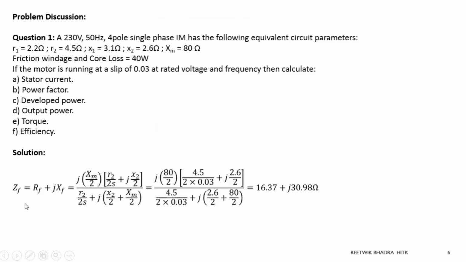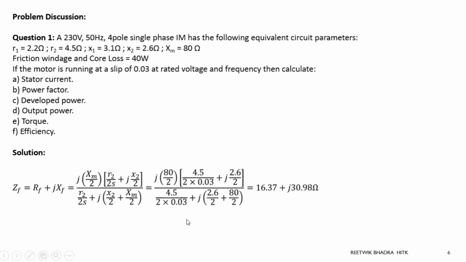So first we are finding ZF, RF plus jXF. I have written the formula again, just substitute the values. Xm is 80, R2 is 4.5, 2S, S is 0.03, so 2 into 0.03, plus X2 by 2, X2 is 2.6, so 2.6 by 2, plus 80 by 2.